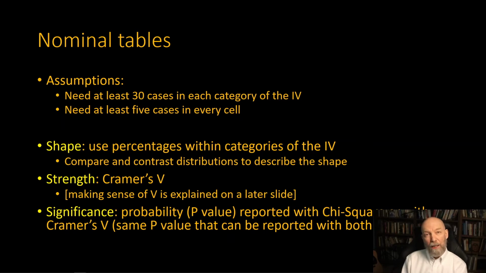But as what we find is more different from the null pattern, as it moves away, we say it's less and less likely that the null could be true in the larger population if our sample data has something that's different from what the null predicts. So as we move further and further away from the null pattern, we tend to say there's less and less chance the null is likely to be true. And this p-value is the probability that the null might be true, having seen the real world data that we do in fact have. So in this circumstance, you're going to look for in a nominal table a p-value that's associated with a tool called chi-square.